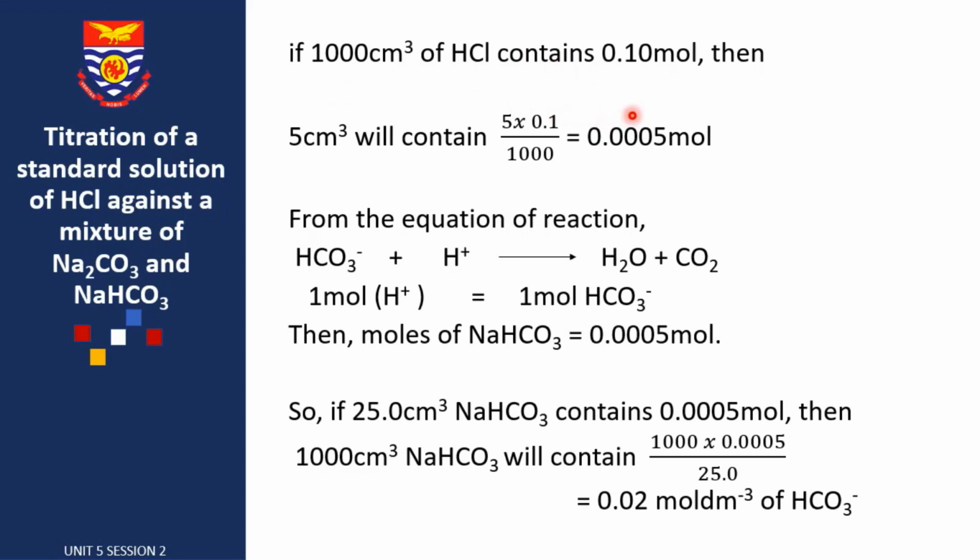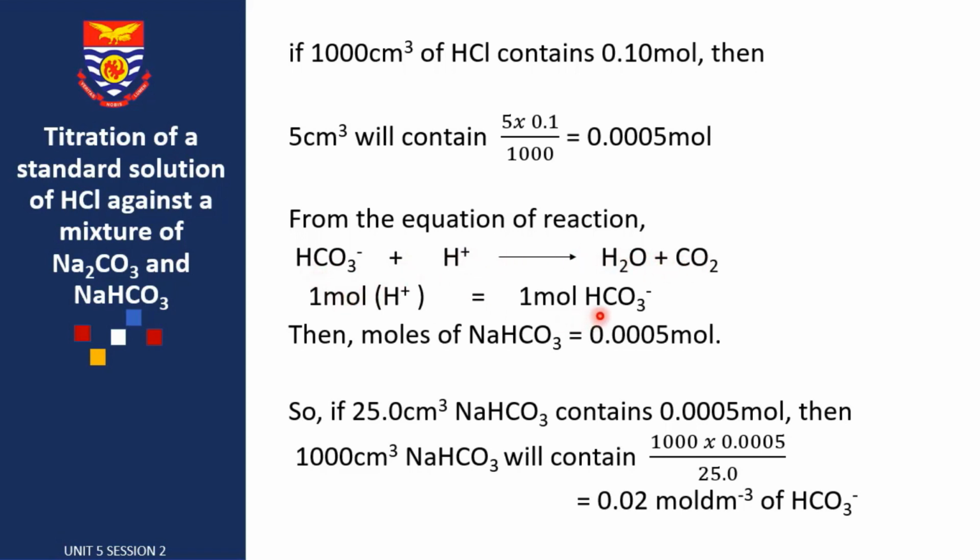So if 1000 contains 0.10 moles, then that 5 cubic centimeters will contain 0.0005 moles. We have to use these moles to find the corresponding moles of the bicarbonate. But in doing so, we need the equation of reaction. And this is the equation of reaction. The bicarbonate reacts with the acid to give us water and carbon dioxide.